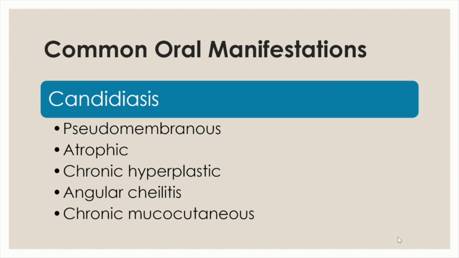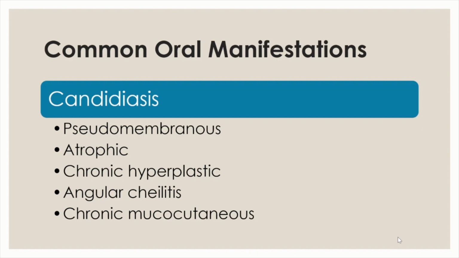So oral candidiasis can be divided into 5 main types: pseudomembranous, atrophic, chronic hyperplastic, angular cheilitis, and also chronic mucocutaneous. So we'll start with pseudomembranous candidiasis, which is characterized by the presence of creamy white or yellowish plaques on the oral mucosa. Sometimes it can appear fiery red. This type of candidiasis is usually found on the buccal and labial mucosa, tongue, and hard and soft palates.